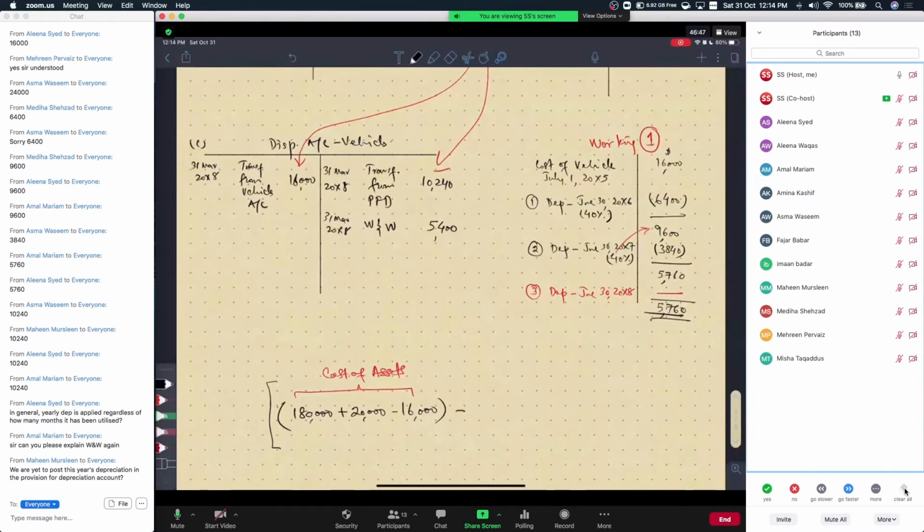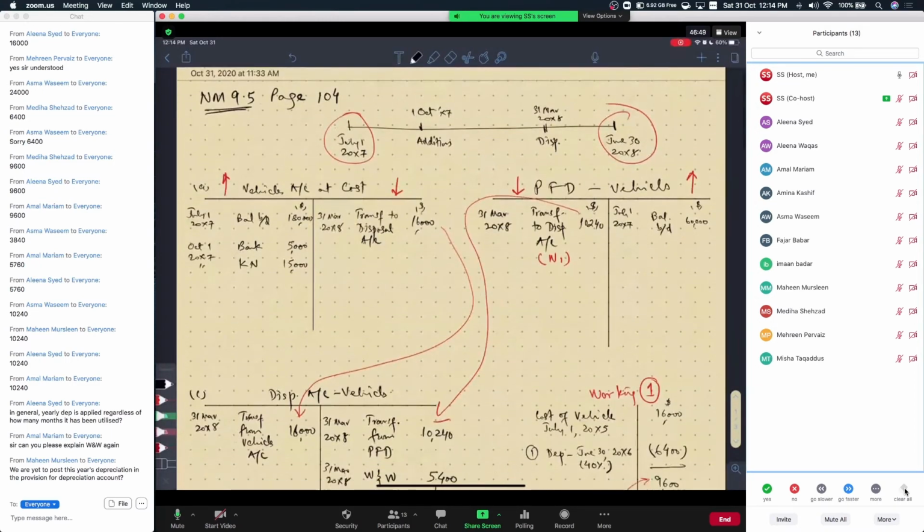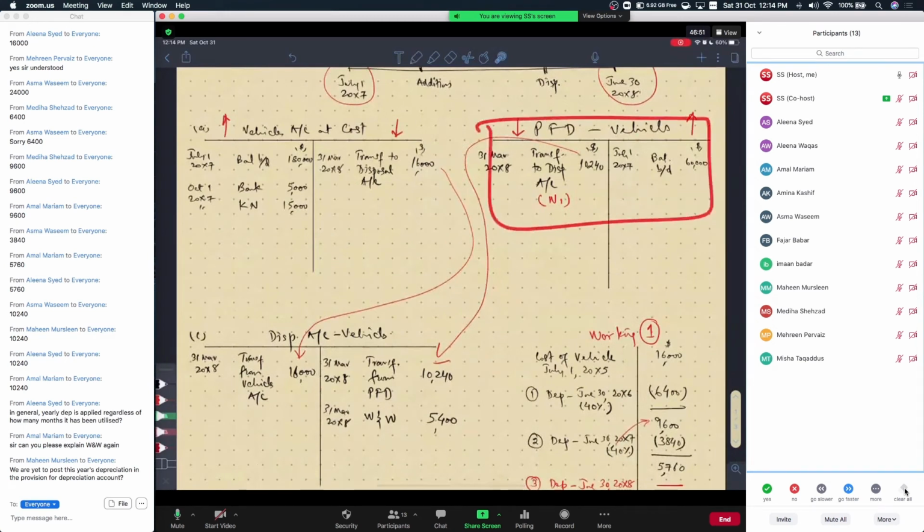When we look at the previous years' depreciation, this is the relevant account here that is telling you about the depreciation charges. The previous years' total depreciation charge was 60,000, but now we know that out of 60,000, 10,240 doesn't belong to us anymore. We have already transferred this 10,240 from the provision for depreciation account to the relevant account where it belongs. So what is the depreciation balance here?